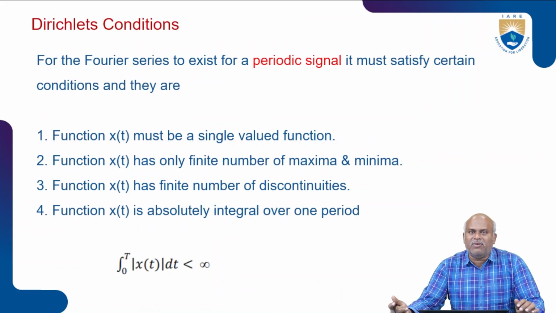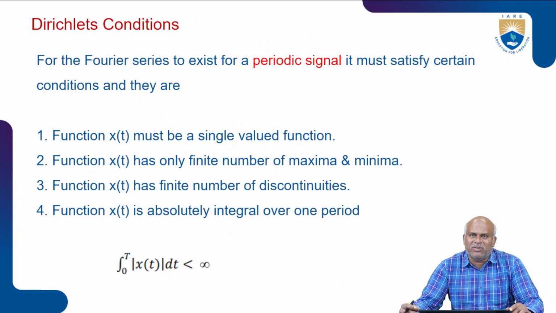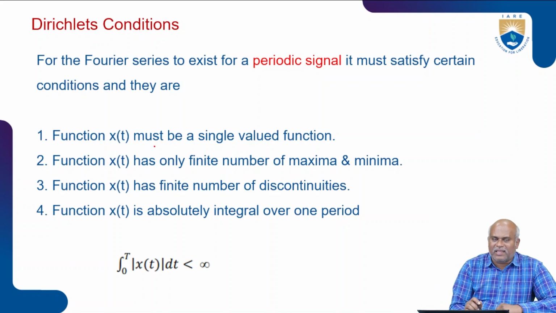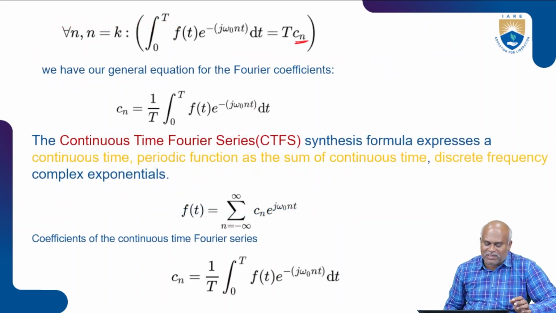Now, we should go for the Dirichlet conditions. For the Fourier series to exist for a periodic signal, it must satisfy certain conditions, and they are: first, the function x of t must be a single valued function. What is it?